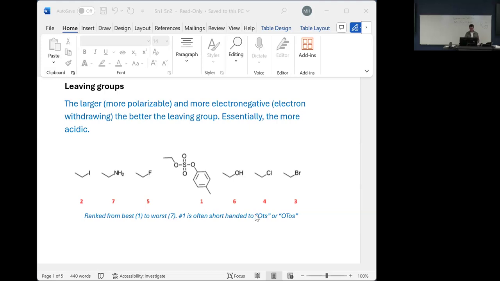Halogens are a very common example, which is why I have these up here. Again, like chlorine versus bromine, bromine is similar in electronegativity to chlorine, but bromine is also bigger in atomic size. So that's going to take the bait in terms of which is a better leaving group.